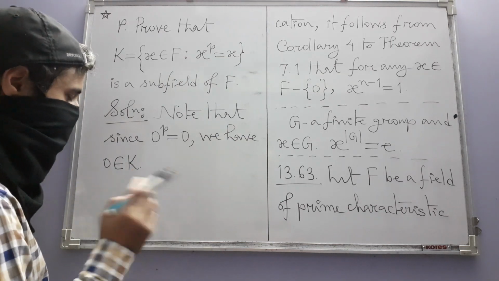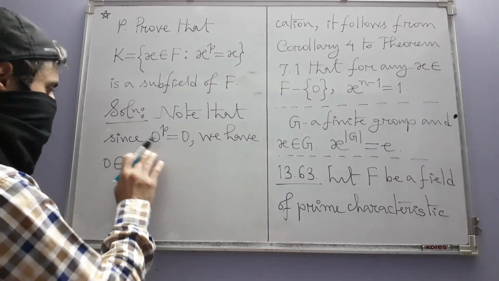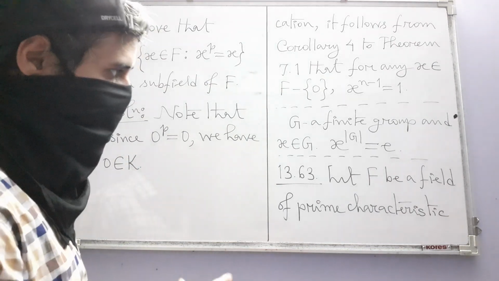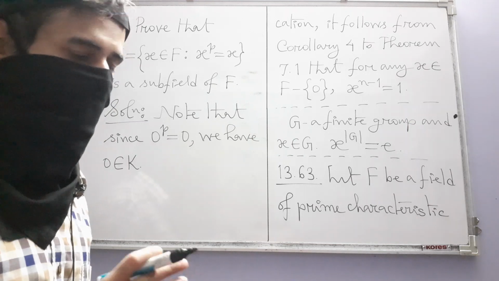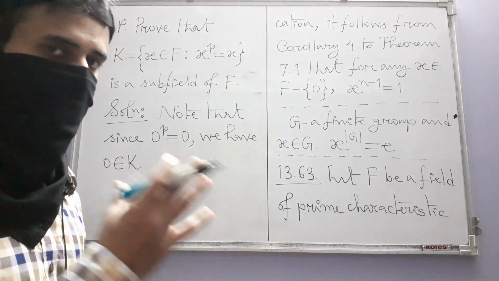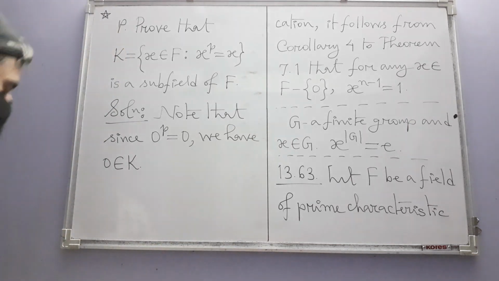Now we can apply the subfield test. We are not explicitly going to say that from exercise 29 we are getting the subfield test. It has a name and that's just it.